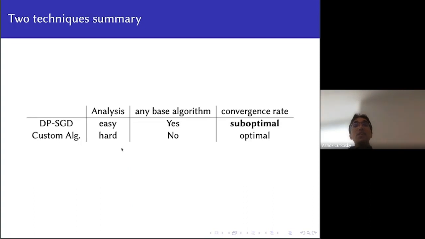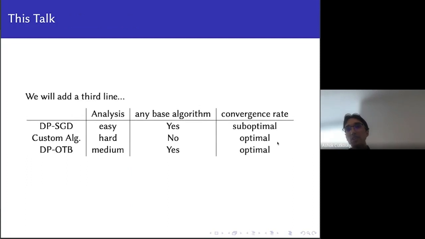The analysis, again, this one is subjective, but to my mind, the analysis is somewhat harder. And you have to be very careful with it. You can't just easily tweak any part of the analysis and hope that it'll work. You have to carefully do the right amount of algebra. So you can't just plug in any base algorithm, and any improvement on a non-private algorithm will not necessarily translate to an improvement here, but the convergence rate is optimal.